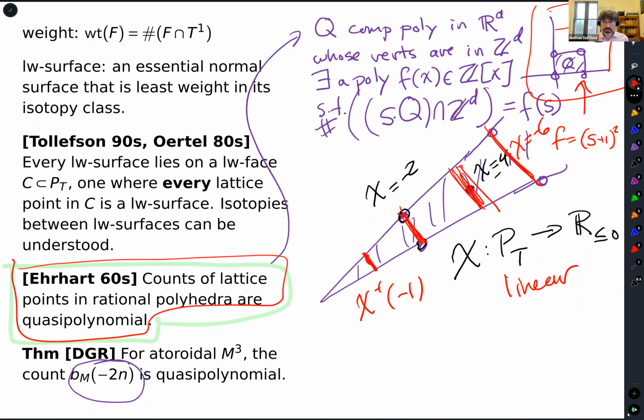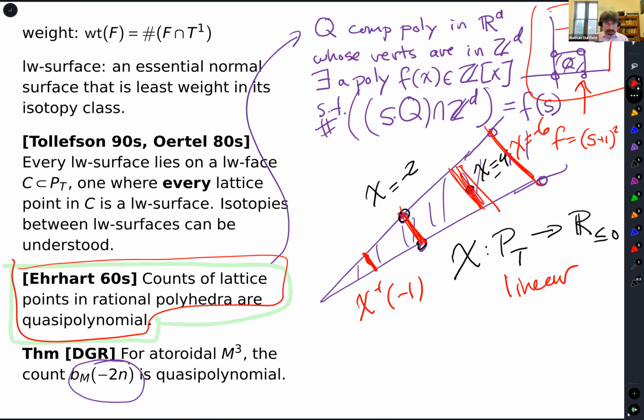No questions? I mean, the big picture is just that if we want to count surfaces, we really only have to count these normal surfaces. And the normal surfaces correspond to lattice points in some polyhedral cone, and there's machinery that exists to do this kind of count.